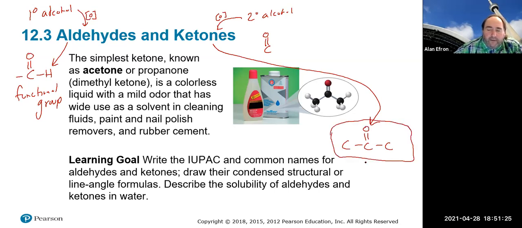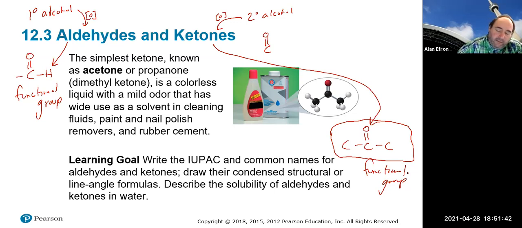And that again would be the functional group of our ketone. The simplest ketone is basically acetone or propanone. It is obviously used to remove certain things like paint, nail polish, and all that kind of stuff.